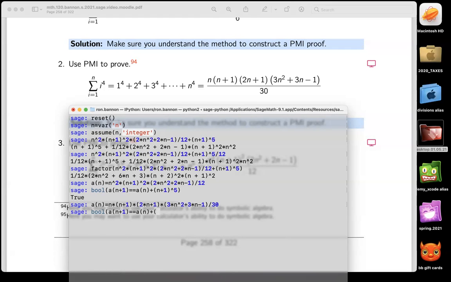What would the next term be? N plus 1 to the 4th power. Now, granted, if I make a mistake in typing it, I'm going to know that because we're giving you problems that are true. I'm sorry, to the 4th power. That wouldn't be true.